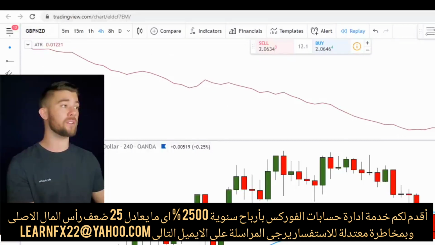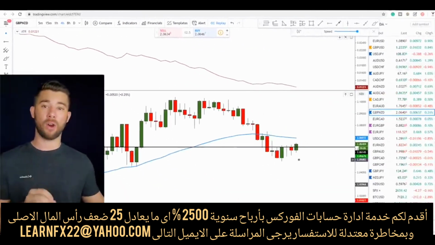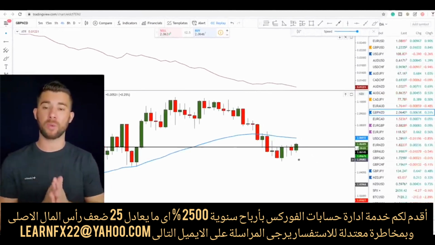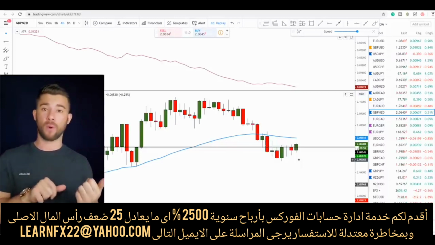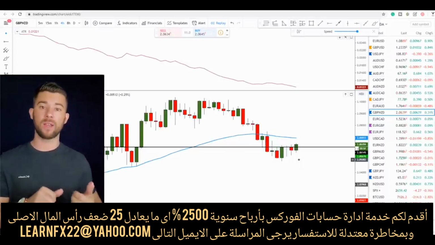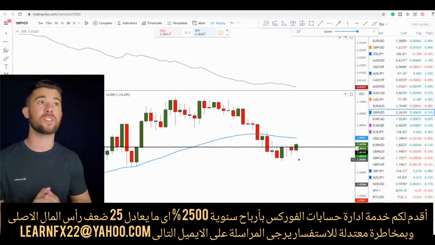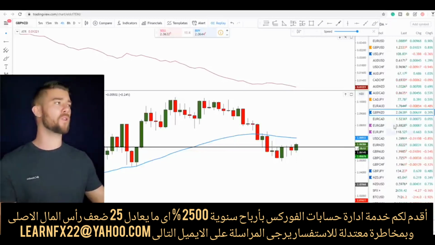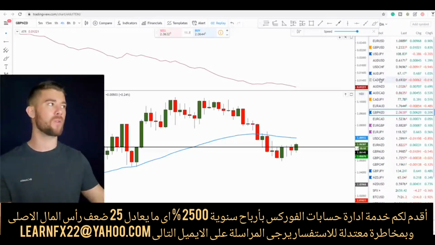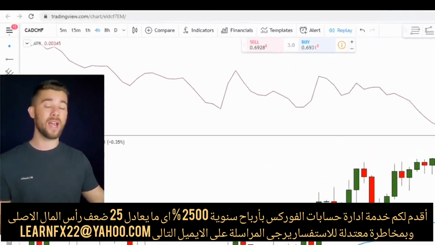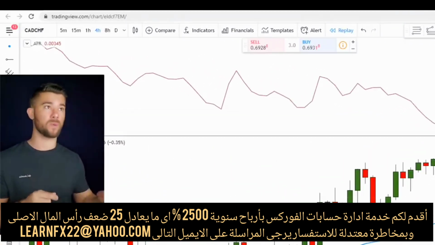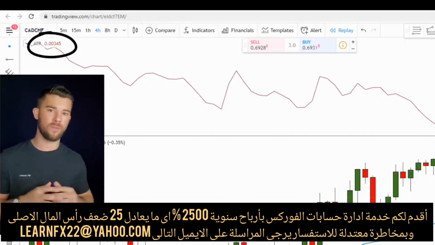So the pound New Zealand right now has an average range of 122 pips. That means the last 14 candles on this 4-hour chart averaged 122 pips. Let's move on to a different currency pair that doesn't move quite as much, such as the Canada Swiss. The past 14 candles only moved 34 pips.